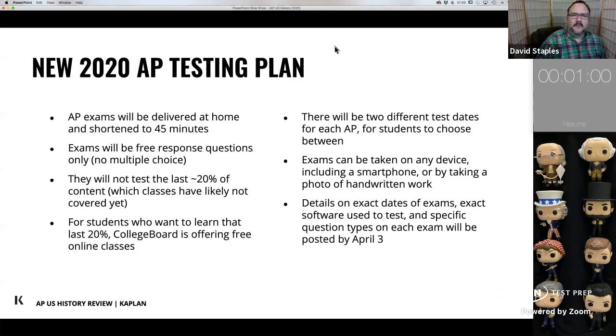Once again, just a reminder about the new testing, if you have not seen this yet. They have cut 20% off of the test, not of the topics necessarily, but of the dates. So anything after World War II is pretty much not going to be covered.